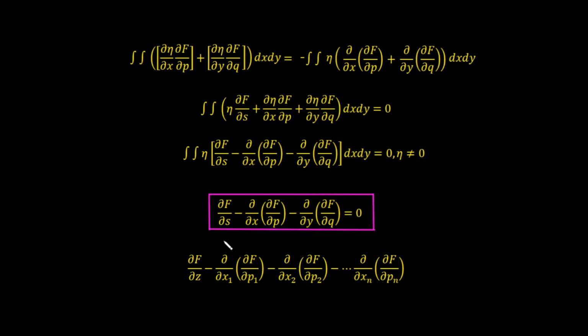Now there's only one other thing that we can do here, is we can extend this to a functional of n independent variables, and we'll simply extend this by taking the partial f by, now let's say we've got a new term here which is a term of multiple independent variables, which is a partial f by partial z minus partial by partial x1 over partial f by partial p1 minus partial by partial x2 of partial f by partial p2, and so on and so forth along to the nth term, which is partial by partial xn partial f by partial pn.